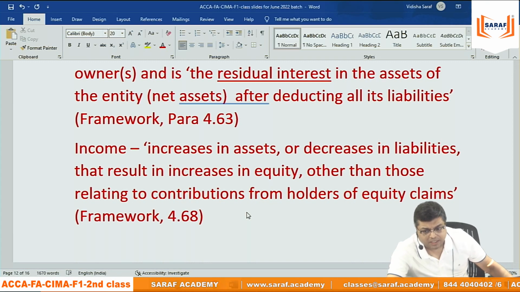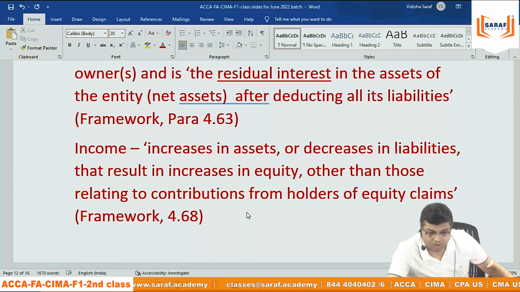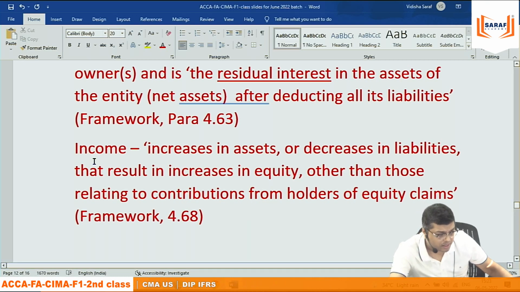Now the goods I purchased for 1,000, I sold for 1,200. Assets was 1,000, inventory. But now when the goods are sold, inventory is gone, but the receivable becomes another asset, 1,200. So assets kitna se increase hua? In place of 1,000, now it is 1,200, 200 more. That is an income. Increase in assets is an income.